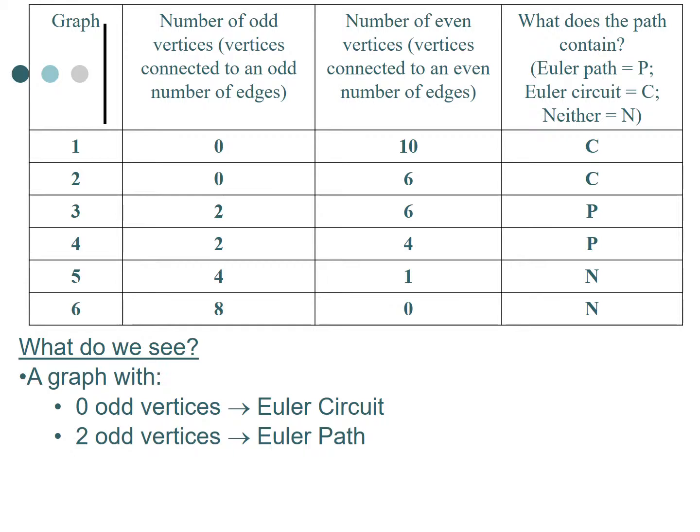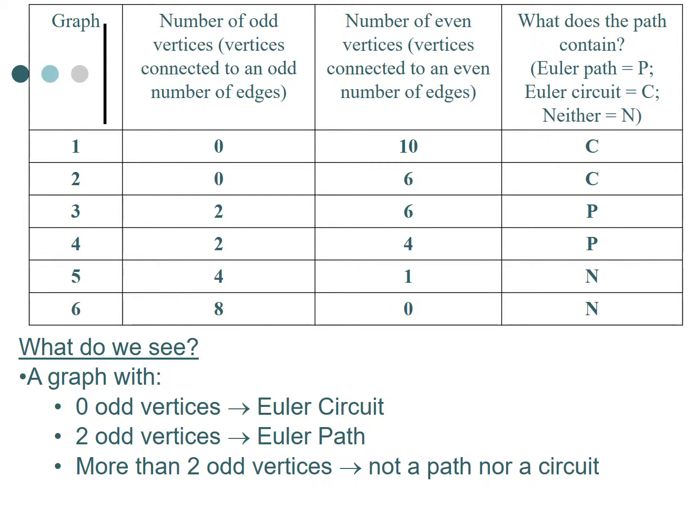If a graph has 2 odd vertices, then it's going to be an Euler path. You can go through each edge once and only once, but you won't necessarily end where you started. And we would need more examples than this to figure out the rest. But the reality of it is, if there are more than 2 odd vertices, it's not going to be a path, nor will it be a circuit.